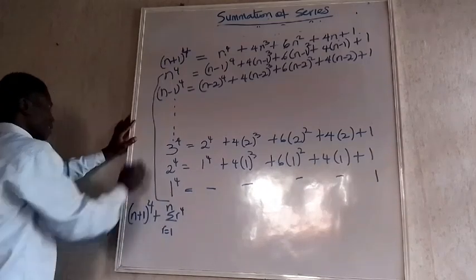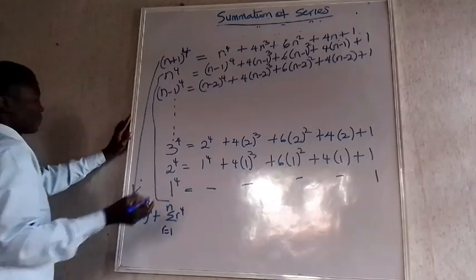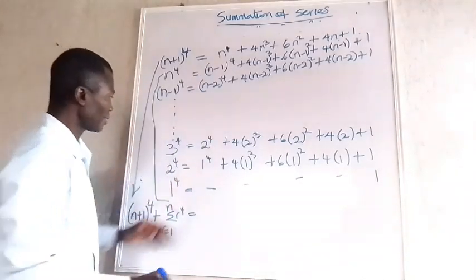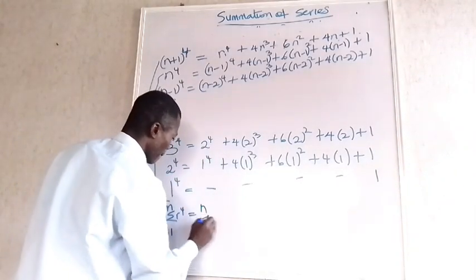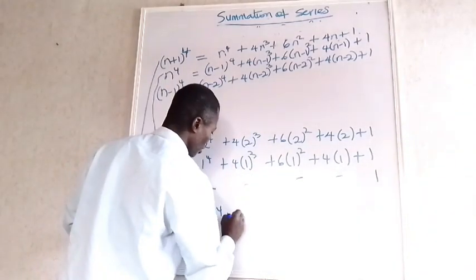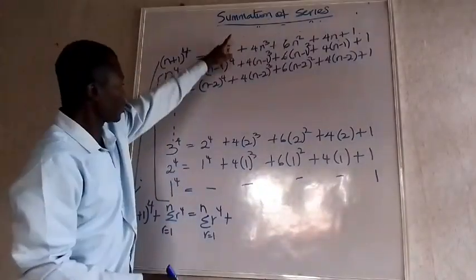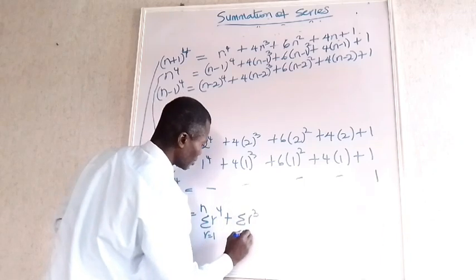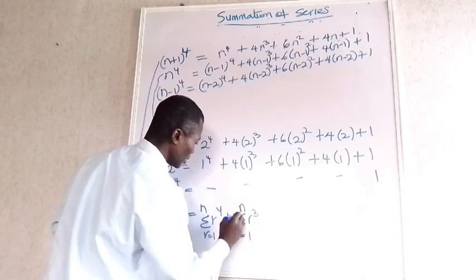So now you can see that this same expression is what I have here. And that's going to be n for r raised to the power 4 plus, for this one, from this place to this place, you can see is summation r cubed from r equals 1 to n. So I have 4 here.